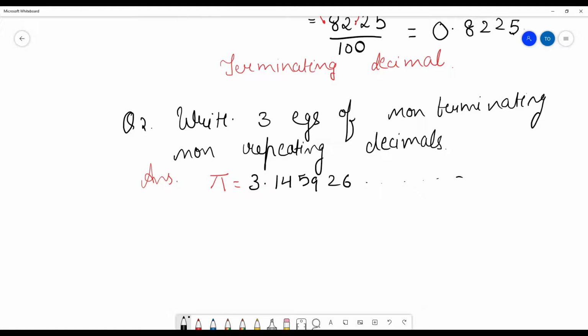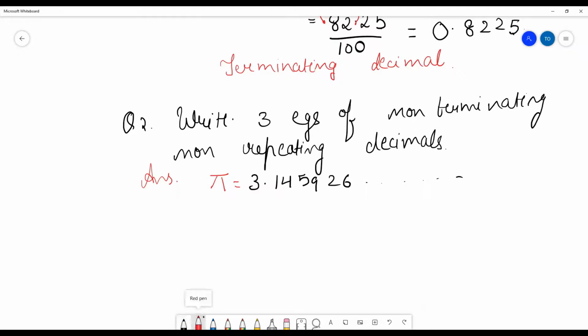When you use it as 22/7, it appears to be a rational number. But actually the value of pi is not exactly 22/7. For making the calculations easier, we use it as 22/7. Otherwise, it is a non-terminating, non-repeating decimal and it is an irrational number.